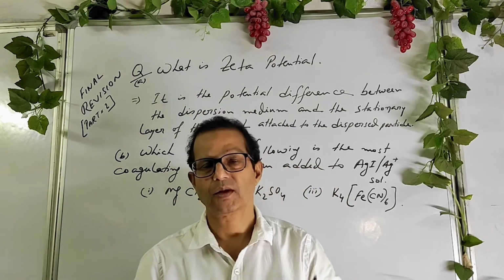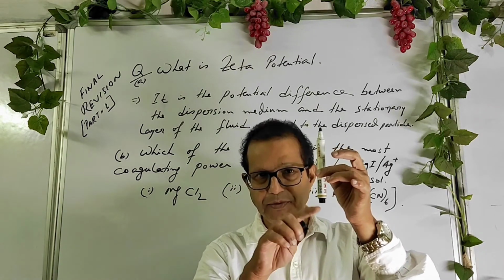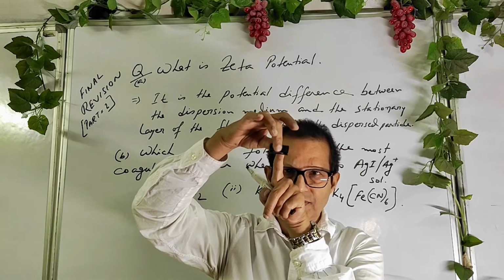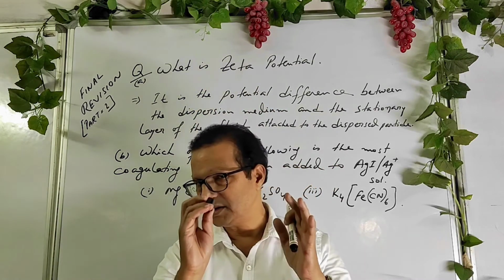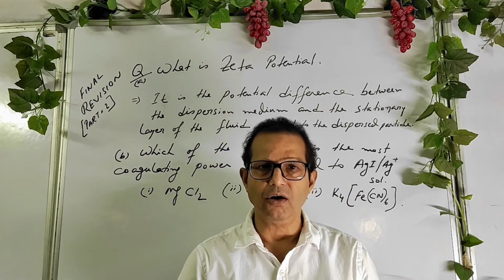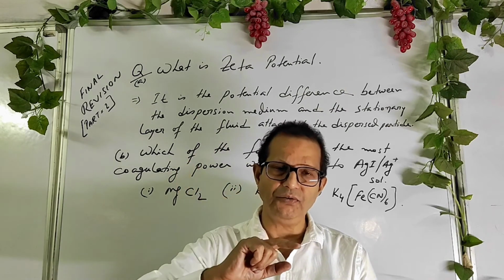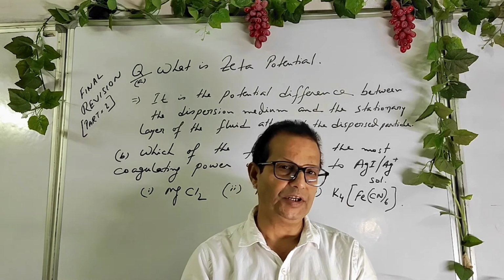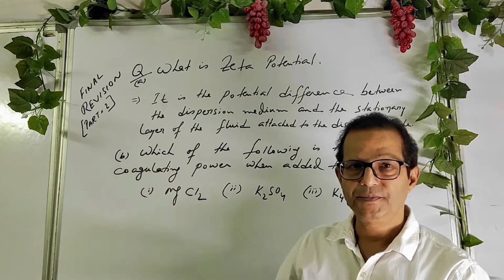Once again, if the colloidal solution possesses negative charge, then the positive ion of the electrolyte is responsible for coagulation. Just the opposite ion. Second point of Hardy-Schultz rule: greater the charge on the active ion, that is the ion responsible for coagulation, more will be the amount of precipitation, or you can say more will be the coagulating power.